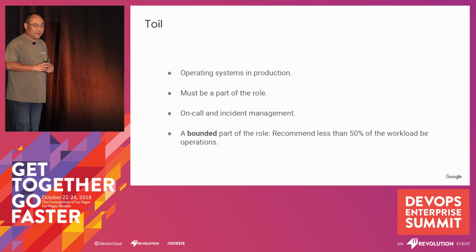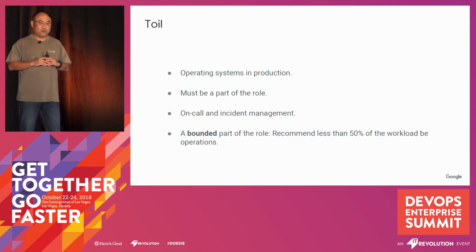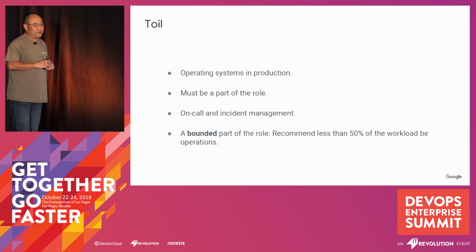All of this inside the Google SRE circle is considered to be toil, and toil is negative. As such, it's a general practice inside Google SRE that we want this part of the work to be no more than 50% of our time.